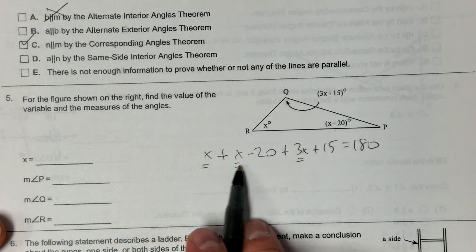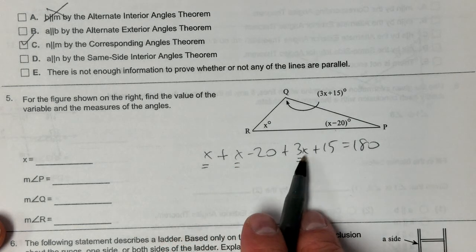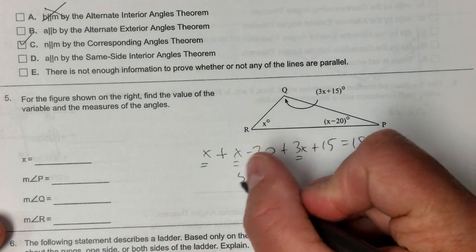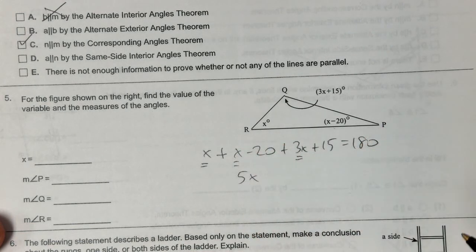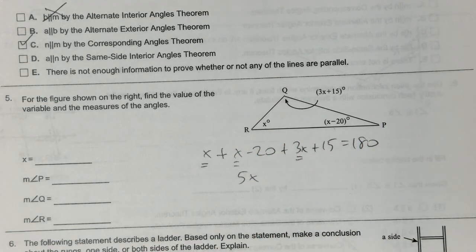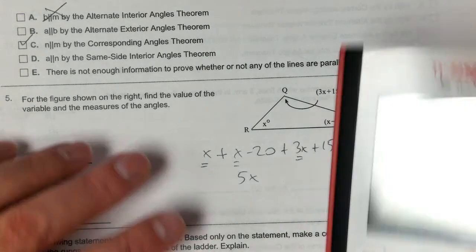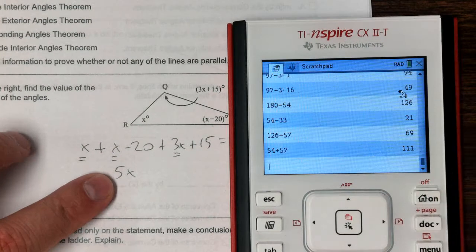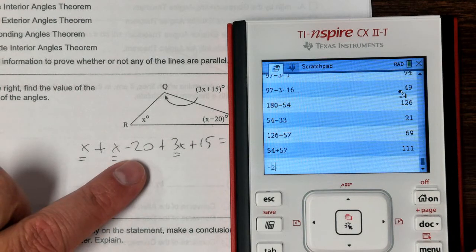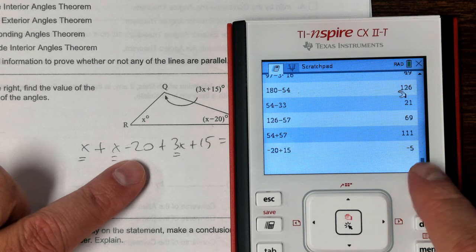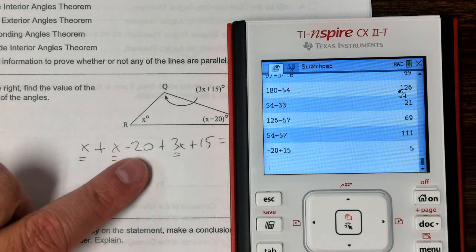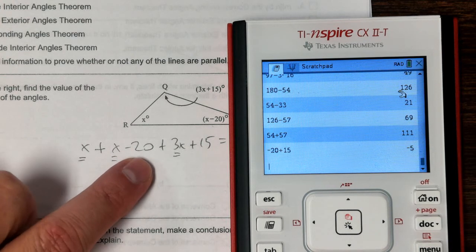X and x is 2x, and 3 makes 5x. Then you have negative 20 plus 15. If you need to use your calculator for that, it's going to be negative 5. So basically your bigger number is negative, so it's a negative answer.